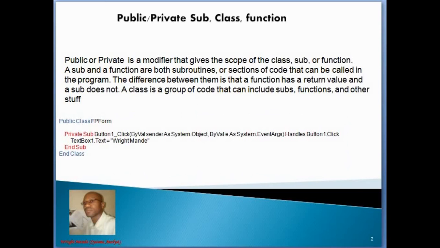This private sub, Button1, is restricted to the class FP form. So there is no way you are going to create another class and that class can be able to call this to carry out its operations. Now let's go on.